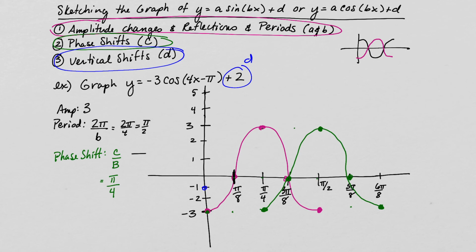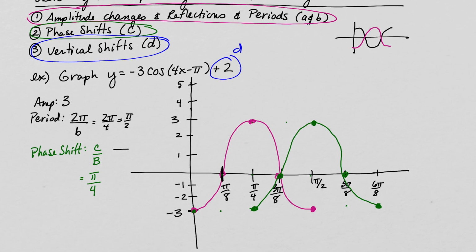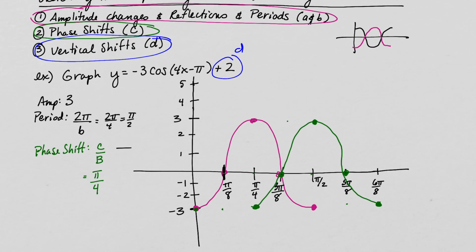Oops, it would help if I did the right graph. I'm doing the points on the pink graph, but we want to work with the green graph.